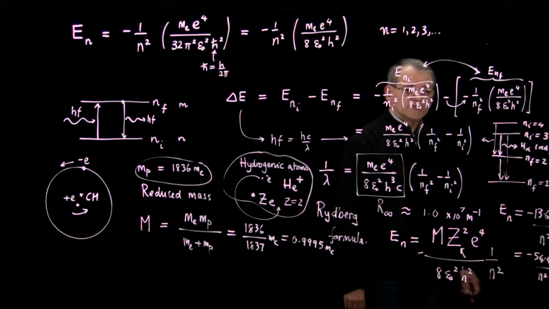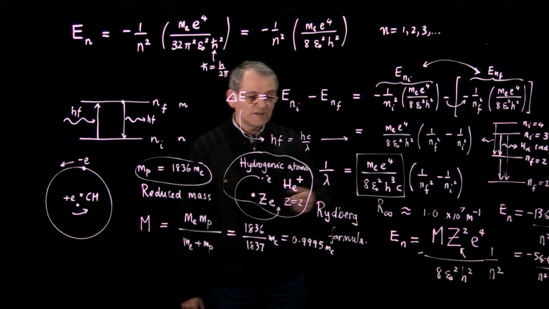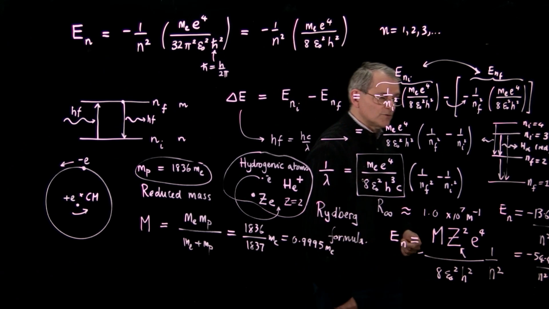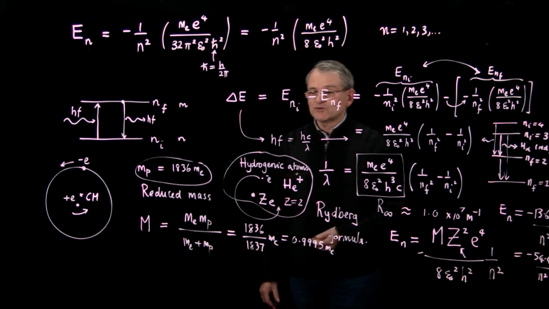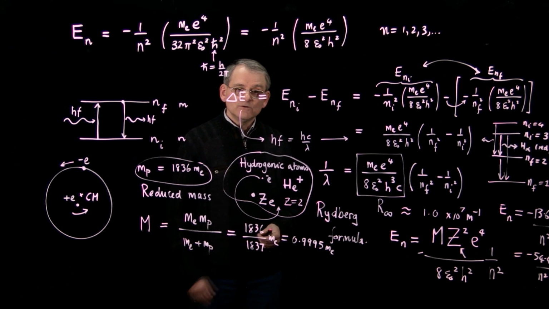In the notes, you'll see I can describe a whole range of systems, not just a helium ion, but a lithium ion, doubly charged, or a beryllium triply charged. I can also describe exotic systems such as an electron and an anti-electron, which is called positronium.